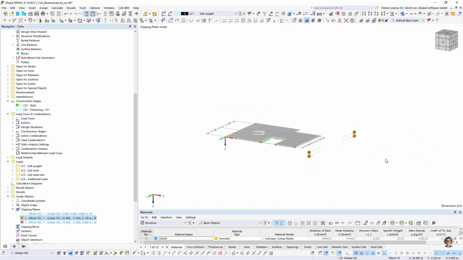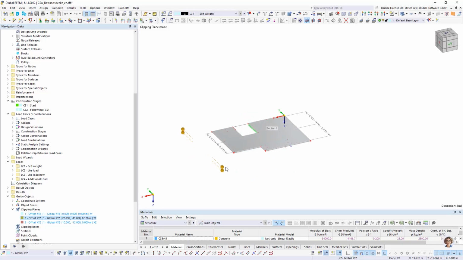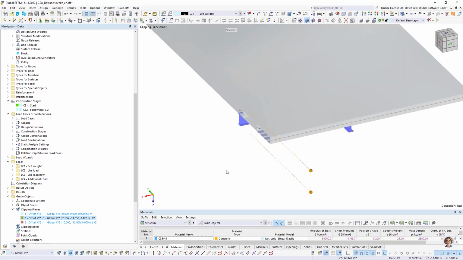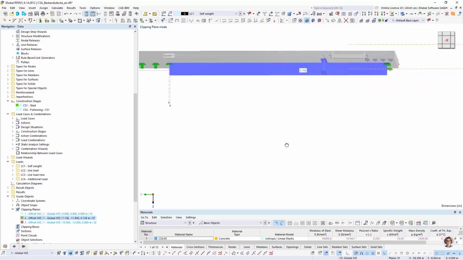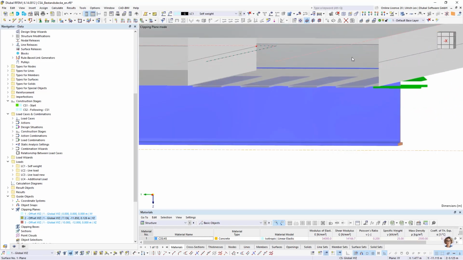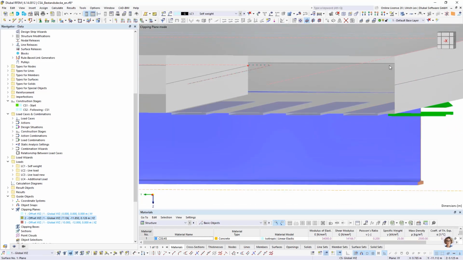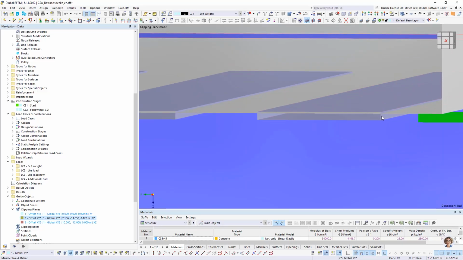Okay. So I can take a look at my... So it is important that the cross section of the surface and the cross section of my rebar are connected.